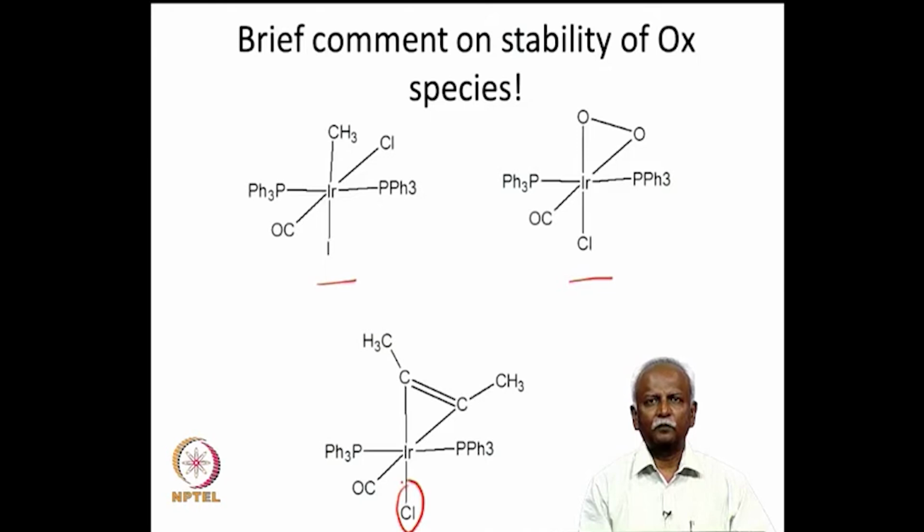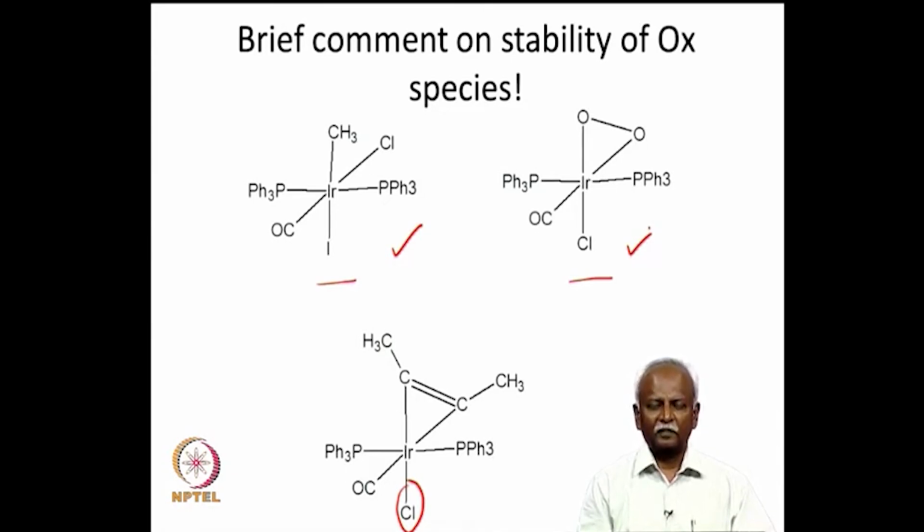So, as a result of this particular factor, the reaction proceeds from left to right rather reluctantly, and the oxidized species is not as stable as in the case of Vaska's complex undergoing oxidation with electronegative species.